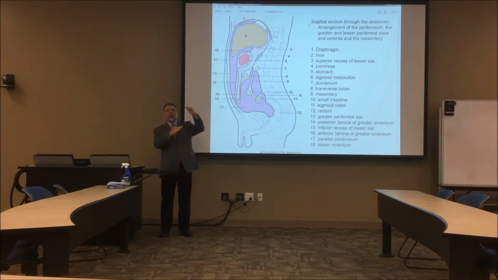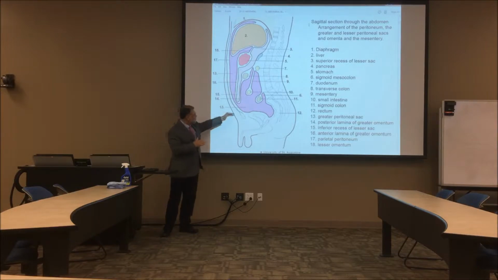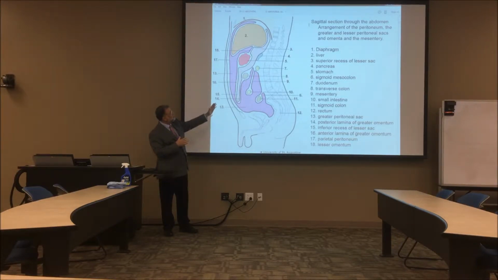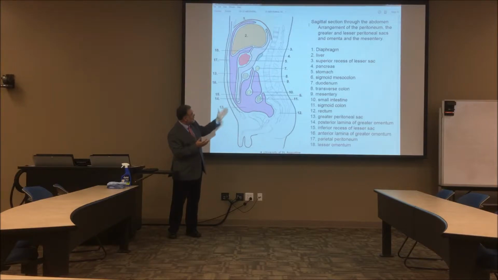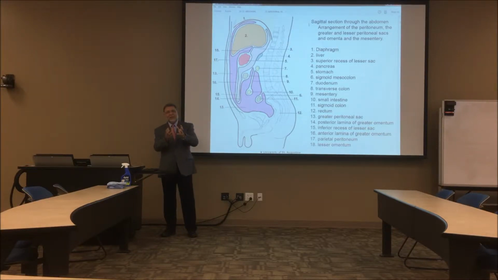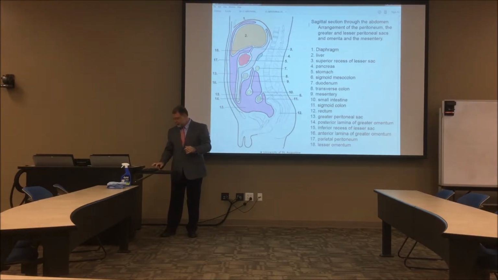From the diaphragm all the way down to the lower pelvis, that's where the abdominal cavity is going to be referred to. And all of these structures are included in this specific cavity or place in your body.